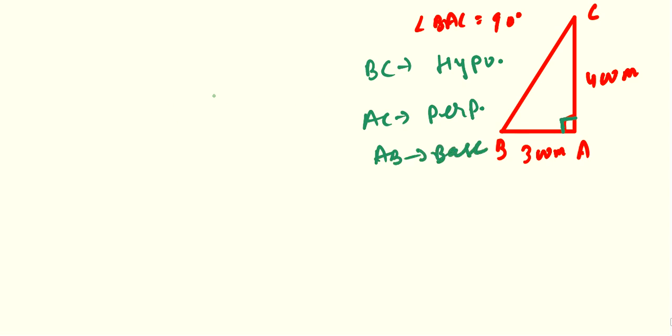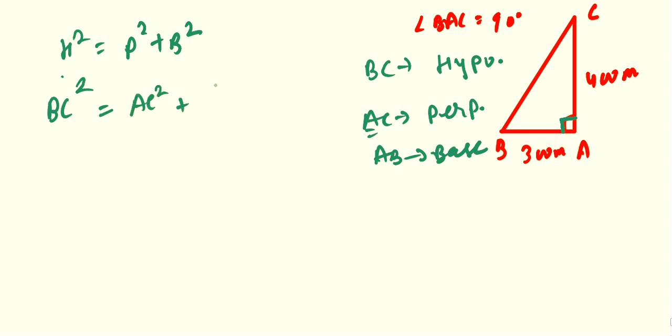Now apply Pythagoras theorem. Hypotenuse square equals to perpendicular square plus base square. So hypotenuse is BC, so you will write BC square equals to perpendicular square, which is AC, so AC square, plus base is AB, so write AB square. Now BC square, value is not given, which we have to find, so write as it is BC square.